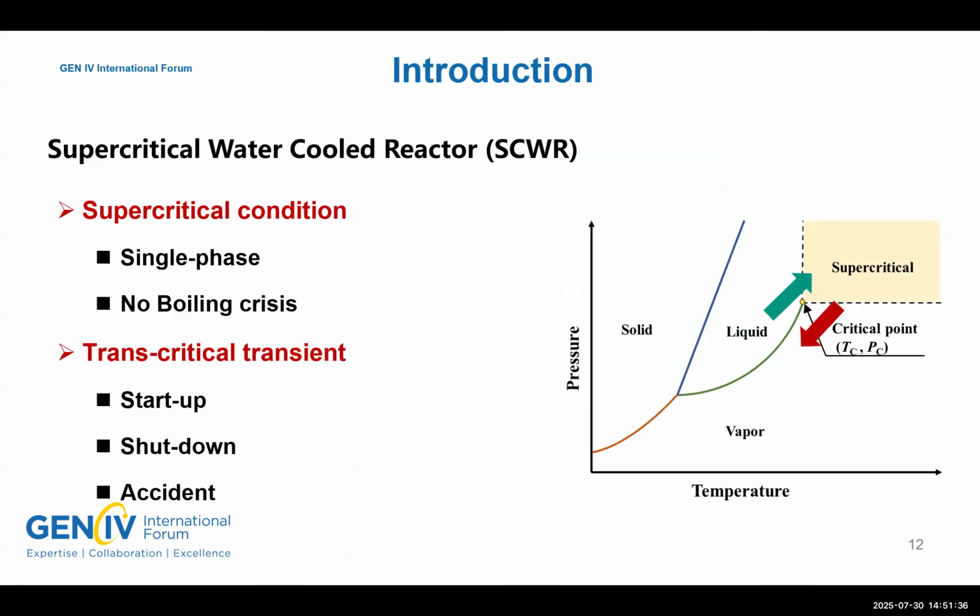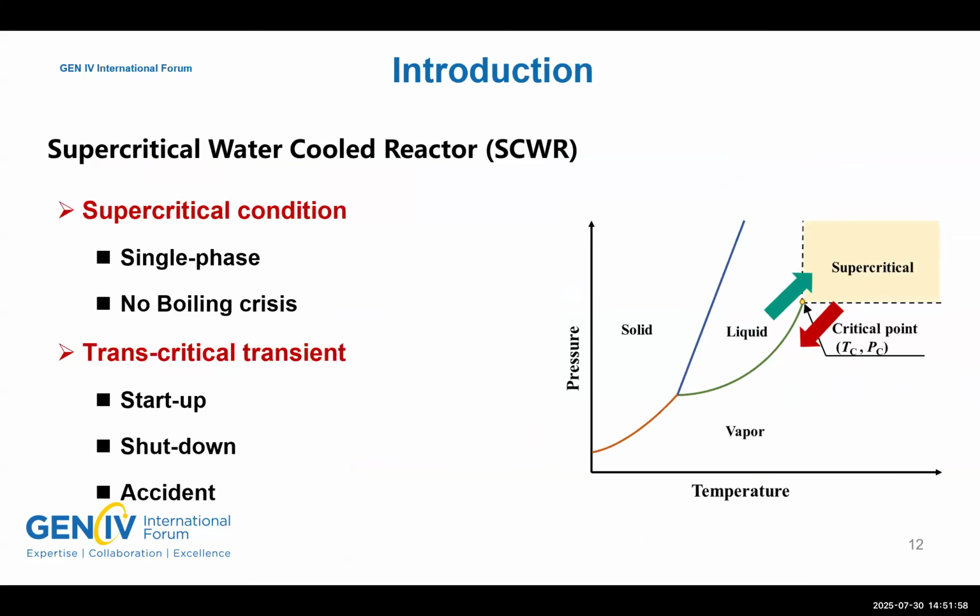And here you will see that the SCWR usually operates at supercritical conditions. At that time, the temperature is over 500 degrees C, the pressure is over 22.5 megapascal.